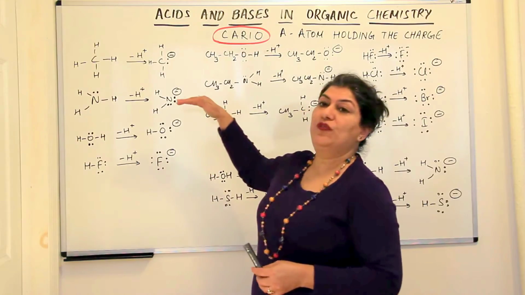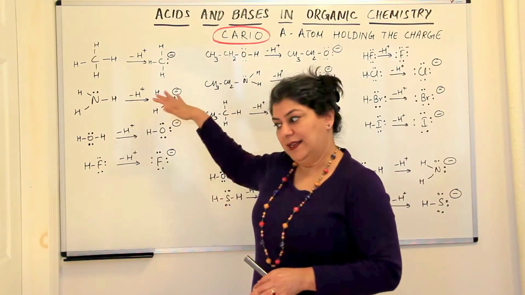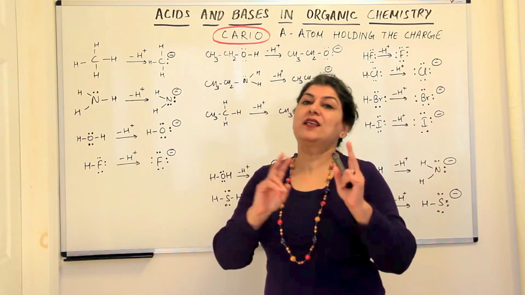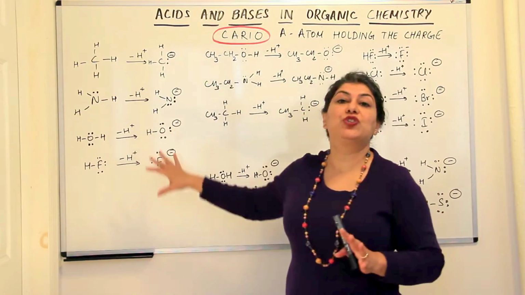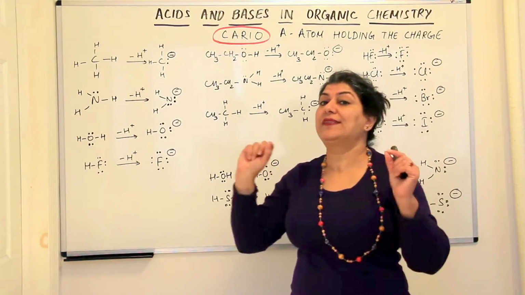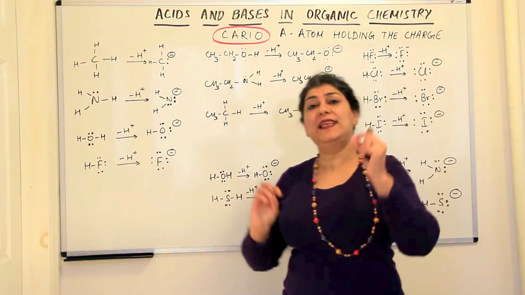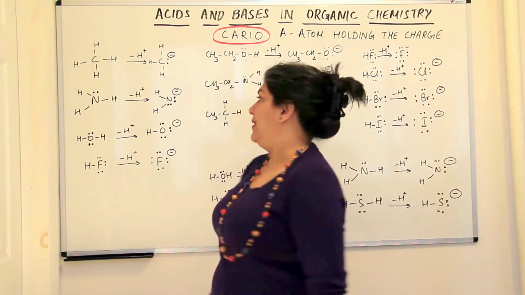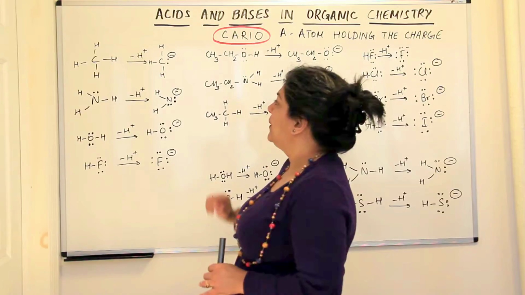And as we move from top to bottom in a group, the size of an atom increases. These are the two trends that are going to be relevant with this step, when we are looking at the atom. We have to keep them in mind when we compare these molecules.